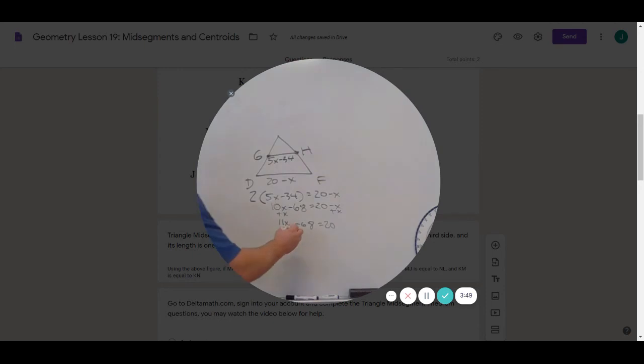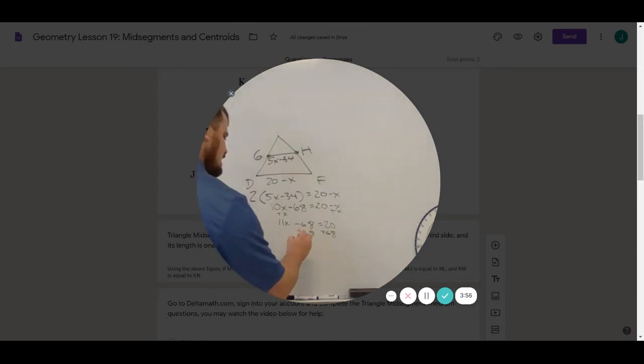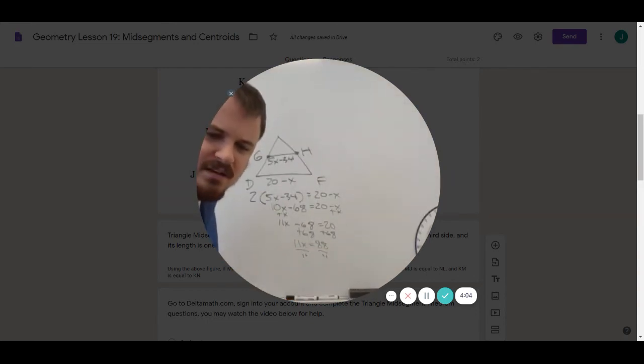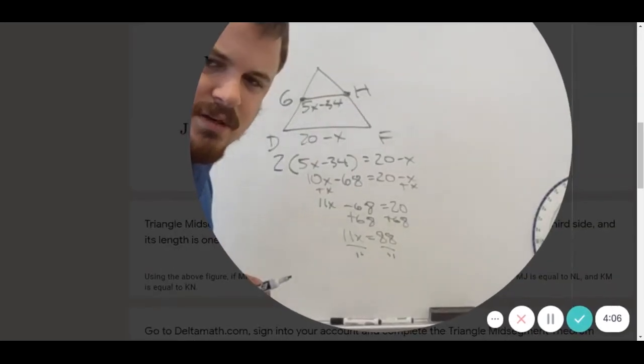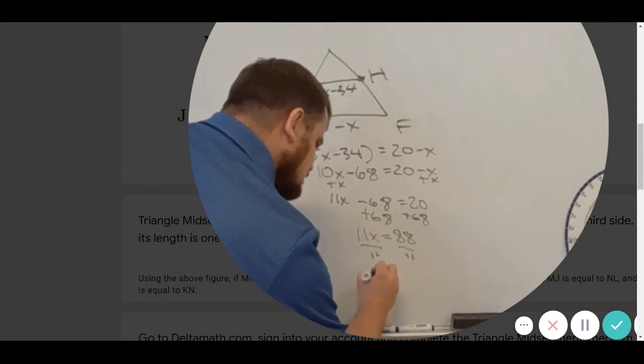Then we add 68 to both sides, and we get 11x equals 88. Then divide by 11 on both sides. You still see what I'm doing? Let me zoom it in so it's a little bigger. And then we have x equals 8.